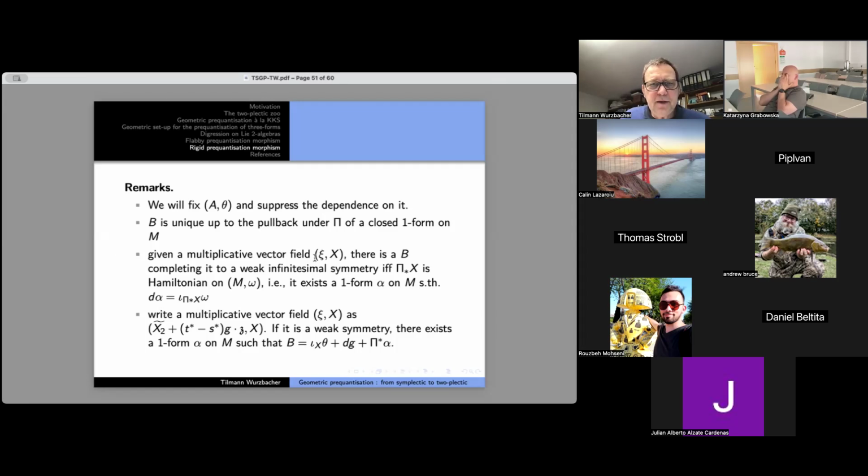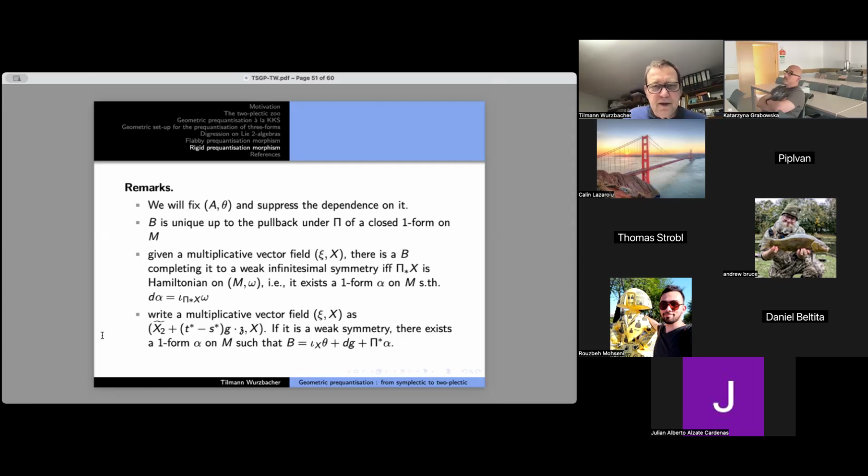If you have a multiplicative vector field, then there exists a B so that it completes to a weak symmetry if and only if the projection of X to the base. X is always a projectable vector field. You can always project it to M, but you need that this projection P star of X is Hamiltonian on M. That means there's a one form such that you have this formula, as we discussed already, this Hamiltonian vector field with one forms.